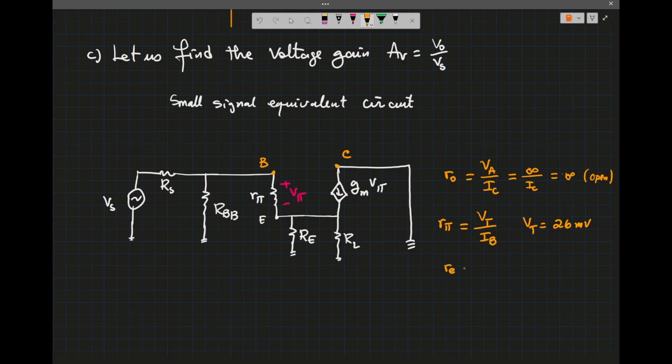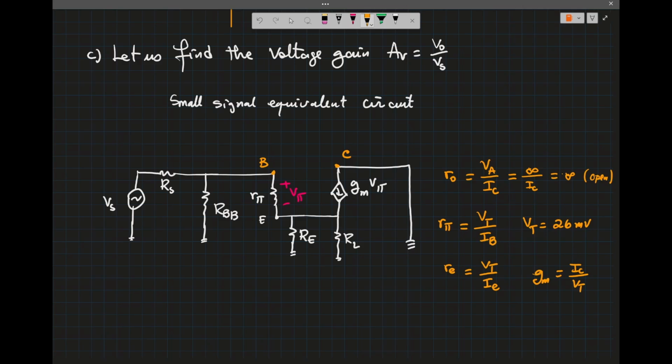So RE, that we don't have in here, but I'm going to give you the equation for that, which is also VT over IE, because that's the resistance seen at the emitter. And we have GM. GM is IC over VT. It's the transconductance.